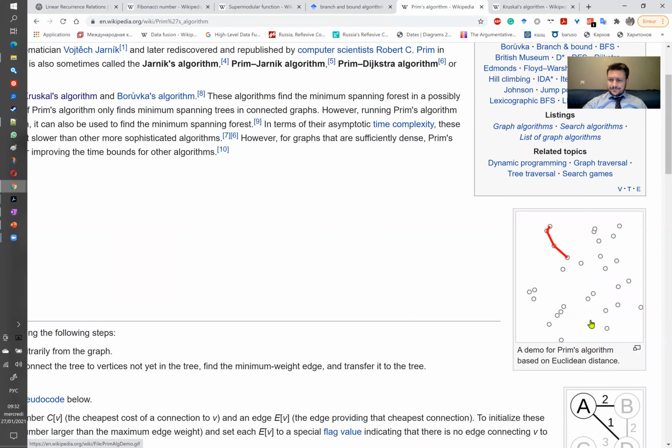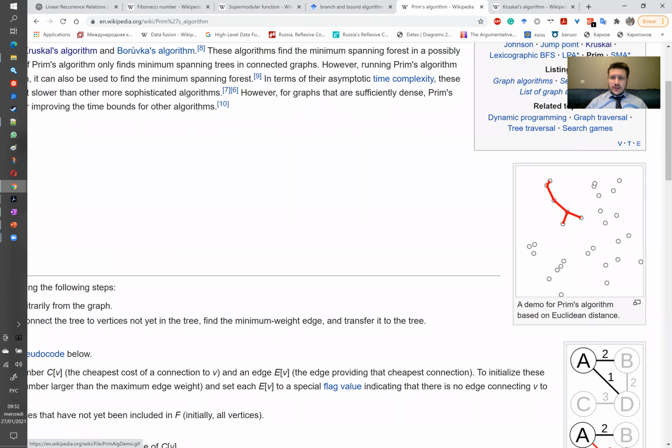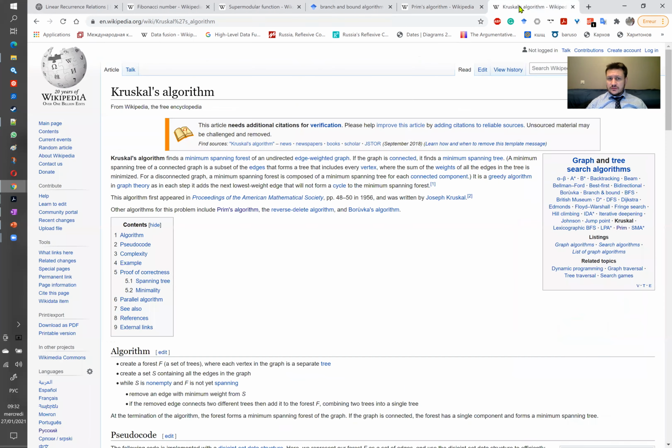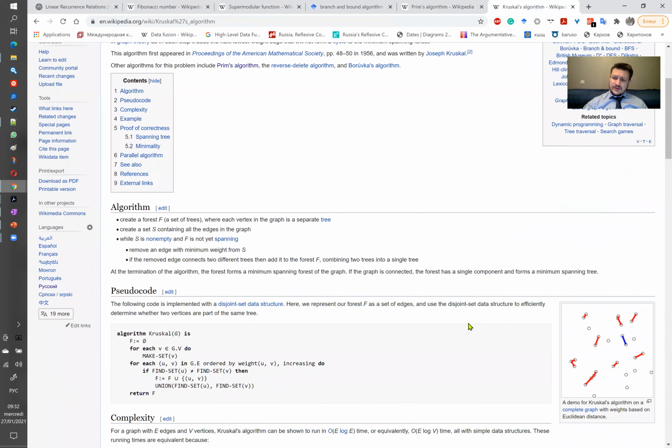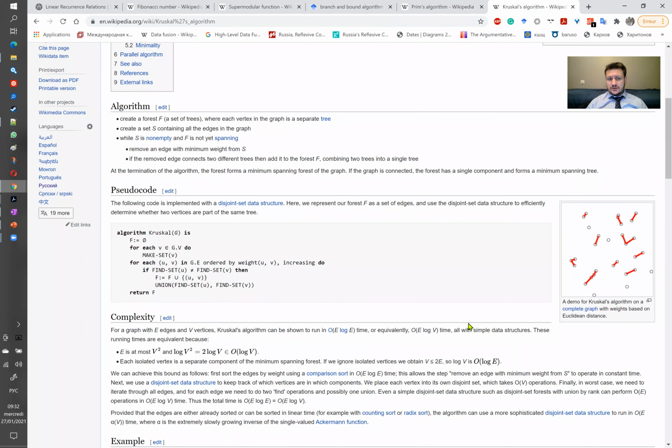Okay, this one, and some kind of competitor, another algorithm. It's very old, maybe not so old, but 60 years or something, as you can see here. And I like the animation here.